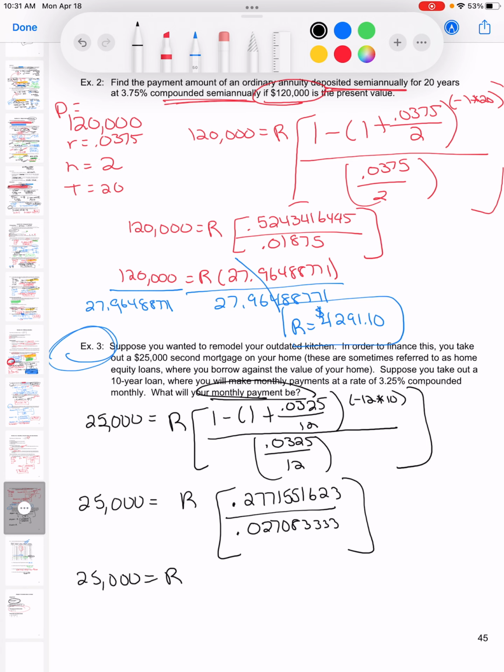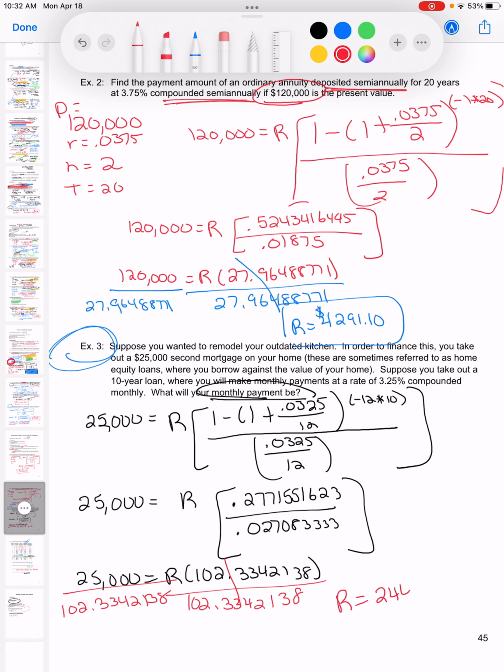Then I get one decimal with R, and then try to solve for R. I'm going to get R equals $244.30. So if I'm taking out that $25,000 mortgage, then the monthly payment would be $244.30.